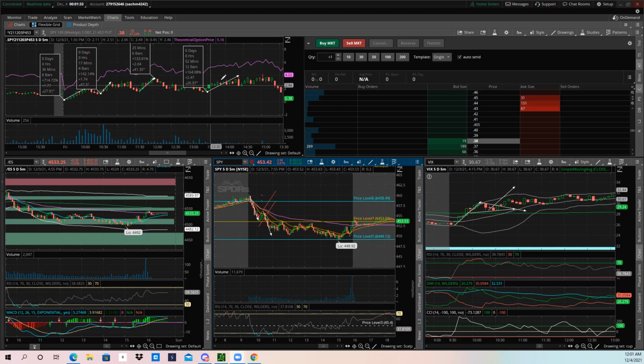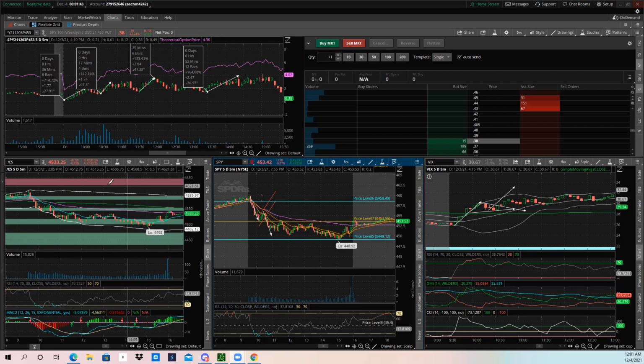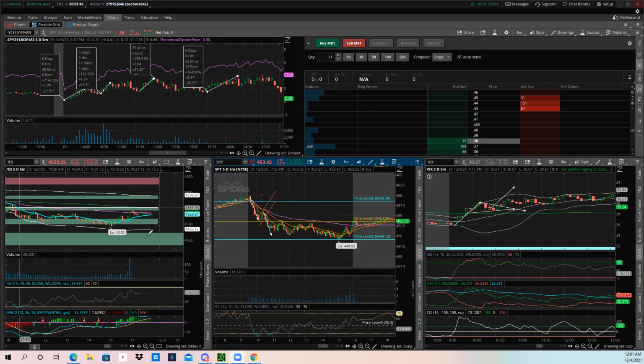So what I like to do is I like to trade the SPY, which is the S&P index. And I look at /ES, because that's the futures, and it gives you a little bit of a better idea of what the market's going to do. I look at ES, and then I have the SPY pulled up, of course, because I'm trading SPY, and I have the VIX, which is the volatility index, against the SPY. So basically all that means is when VIX goes up, SPY goes down.